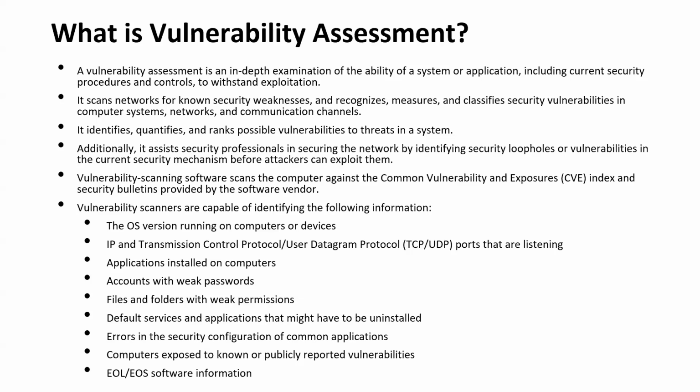So we should always look for what types of misconfigurations are common and present in our system that can cause our systems to be compromised. So vulnerability assessment helps in identifying those security misconfigurations.